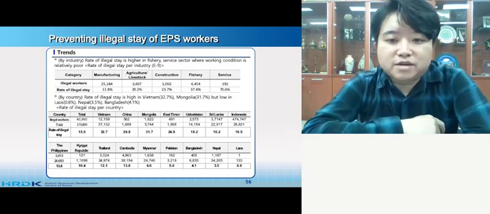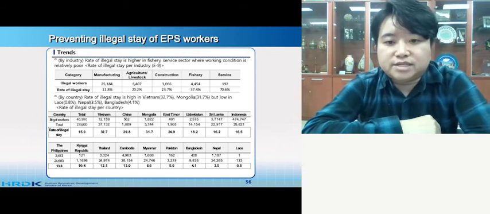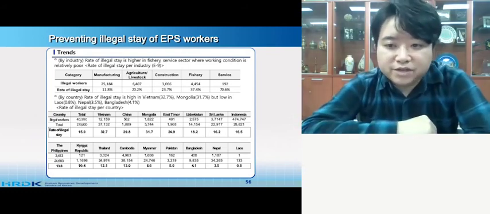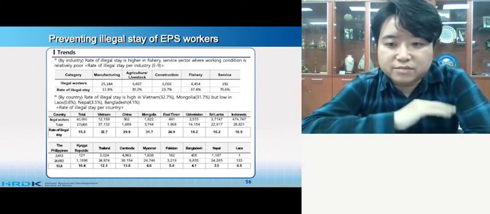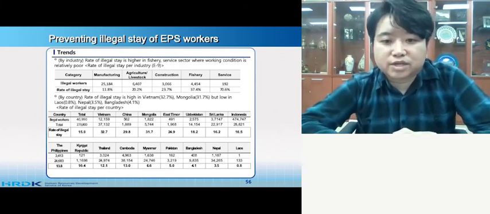So we also have some other trends for illegal stayers. By industry, it seems that manufacturing is the top for being illegal, but for fishery it's more important. By ratio of illegal stay, service and fishery sectors are very poor because workers are trying to run away because of working conditions.